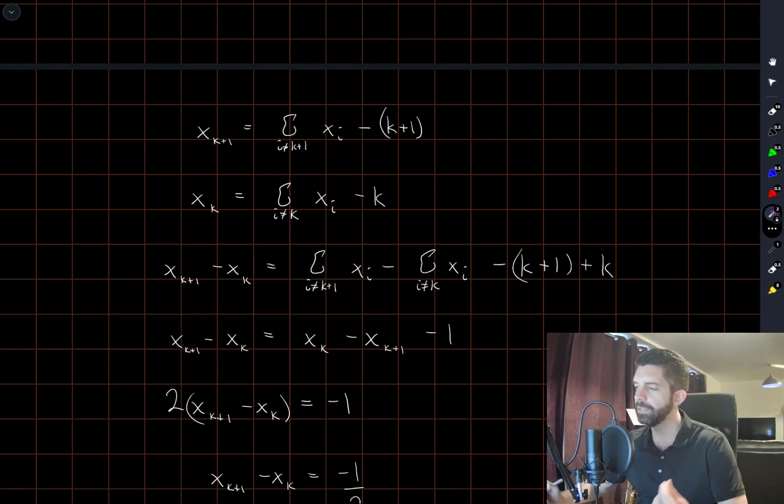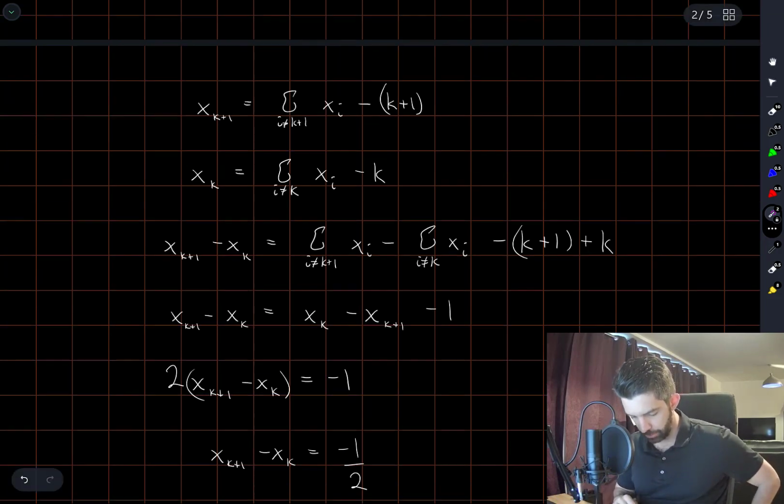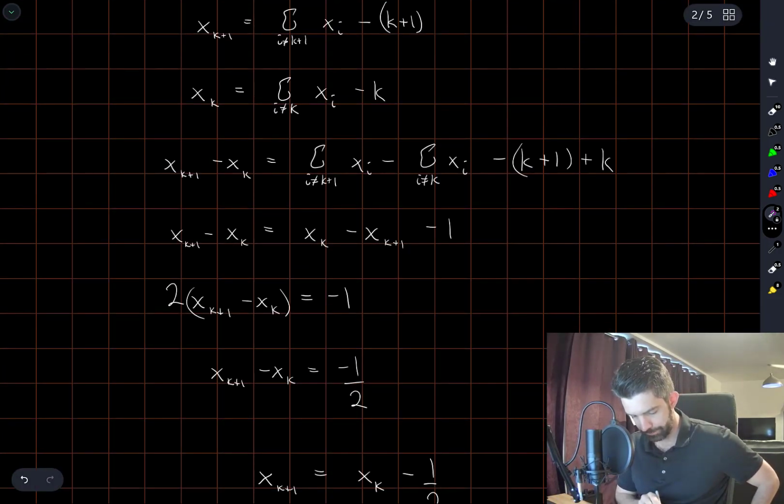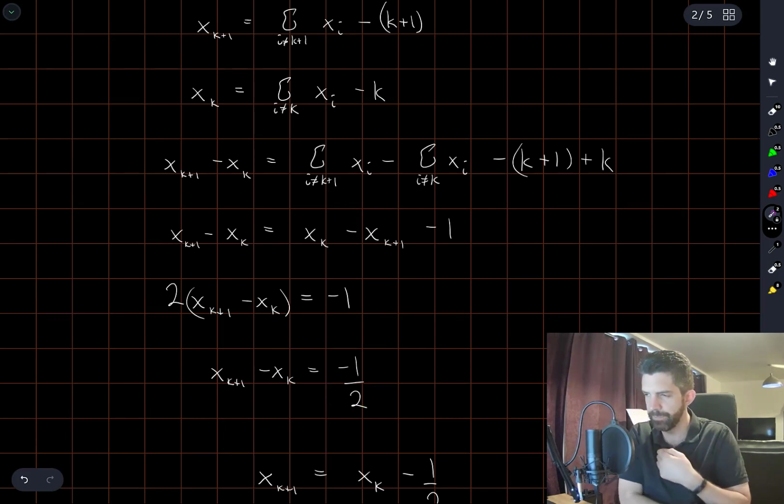At some point working on this problem, I had a suspicion that this was going to be an arithmetic sequence. I wasn't really sure, and I didn't have a great way of arguing that, but we just derived it here based on the property. So that was good. Turns out to be an arithmetic sequence that decreases by a half on each term.